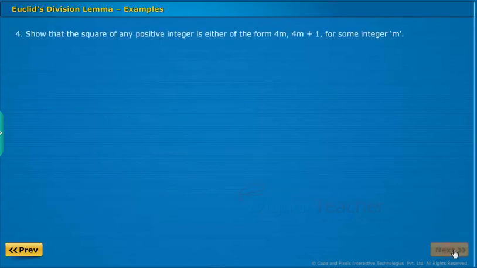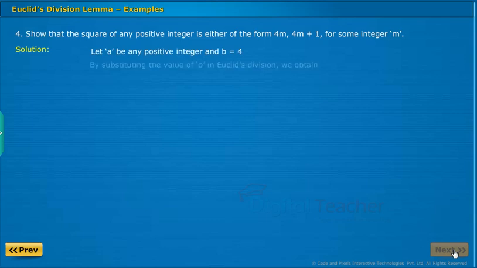Problem 4: Show that the square of any positive integer is either of the form 4m or 4m plus 1 for some integer m. Solution. Let a be any positive integer and b is equal to 4.